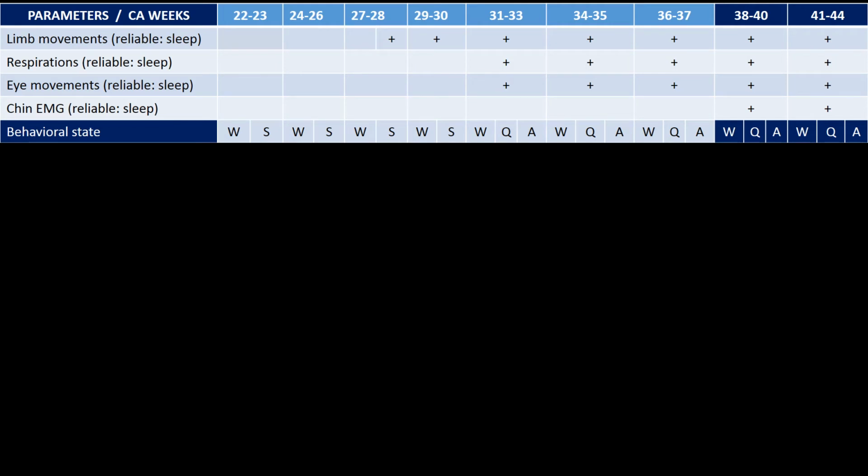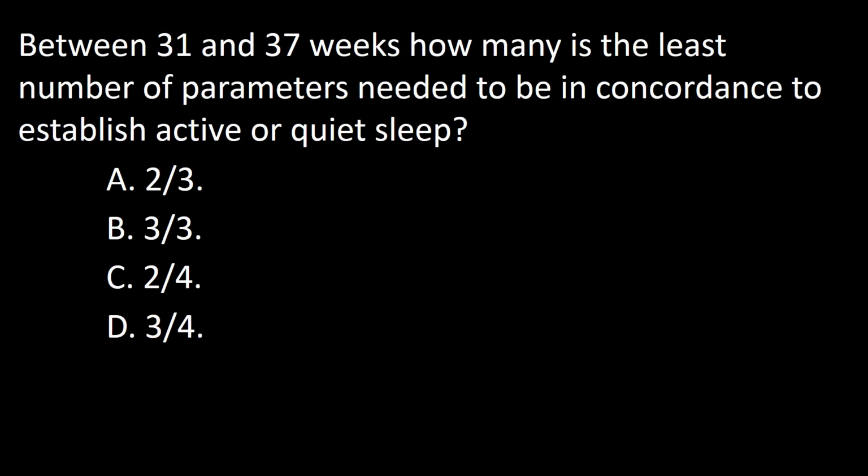And from 38 according to some and 40 weeks according to others, sleep can be divided into quiet and active sleep based on 3 or 4 concordant parameters. So the answer to this question is A.